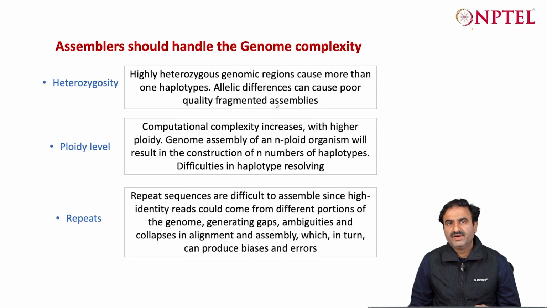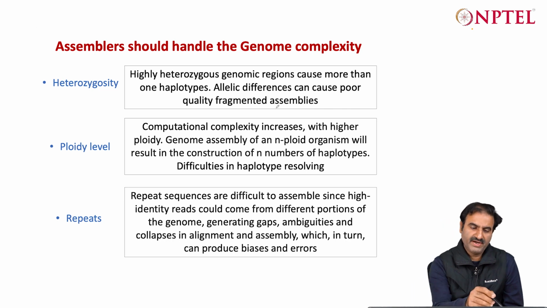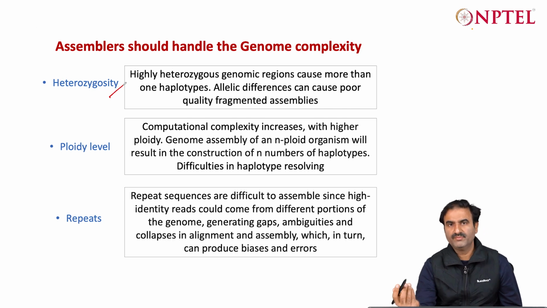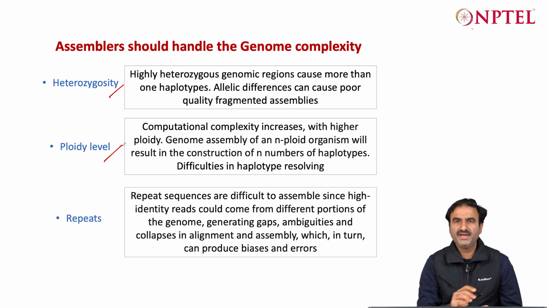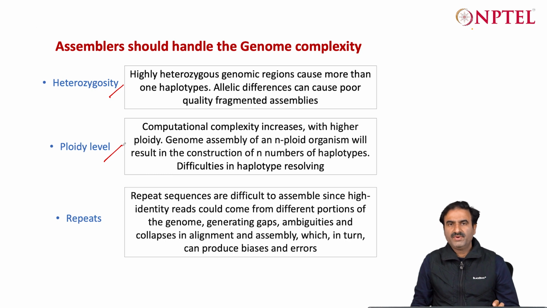All these assemblers should take care of the basic problems that we deal with in genomes, that is heterozygosity. The more heterozygous the genome is, the more problems there would be in assembly, and you may require more data or more longer reads to resolve the heterozygosity. Similarly, ploidy level, which is a typical problem in plant genomes, where a combination of long read and short read is preferable, and the software that you are using should be able to resolve it.